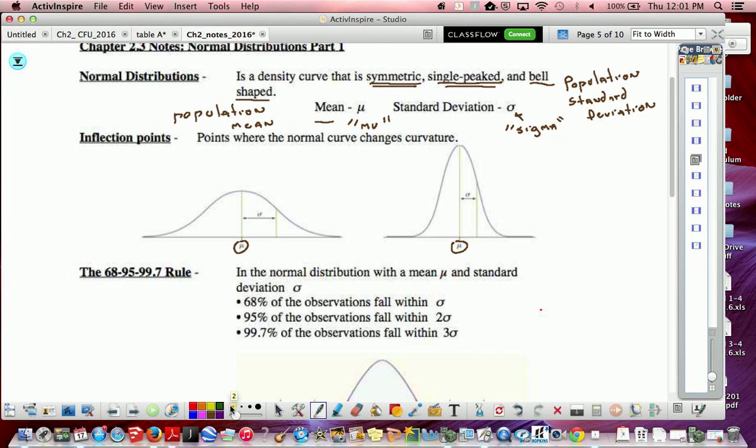And the main thing about inflection points is it just helps you with drawing your curves and labeling it. So what happens is your normal curve changes what we call curvature. I know I'm sketching over it right now. If you've ever taken pre-calculus, just out of curiosity, how many of you have taken a pre-calculus-like course here?